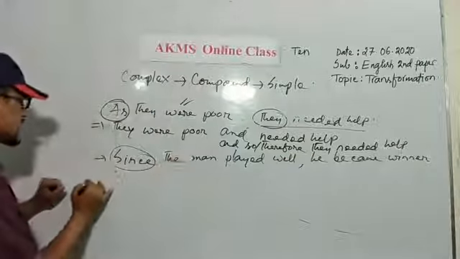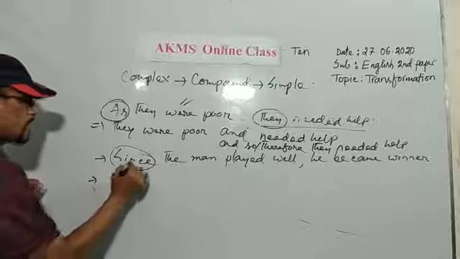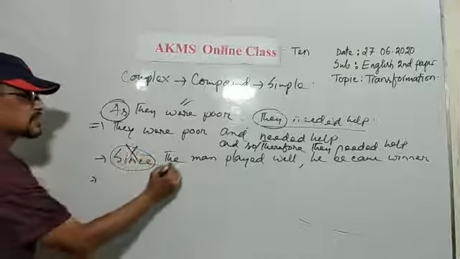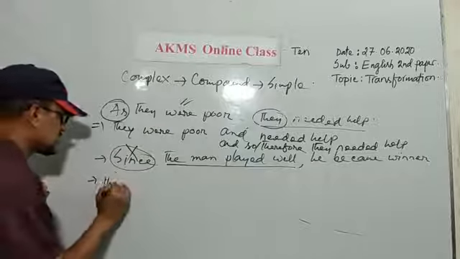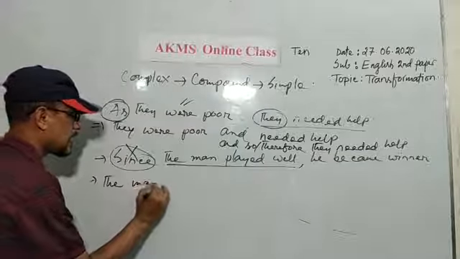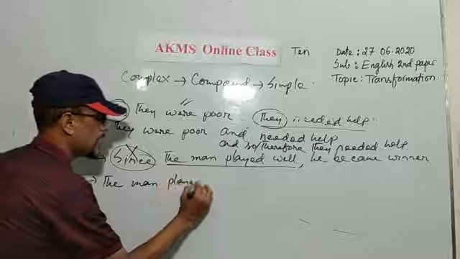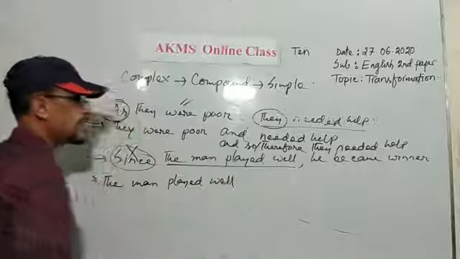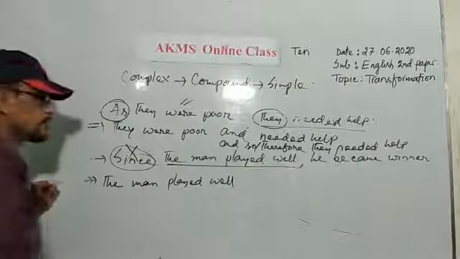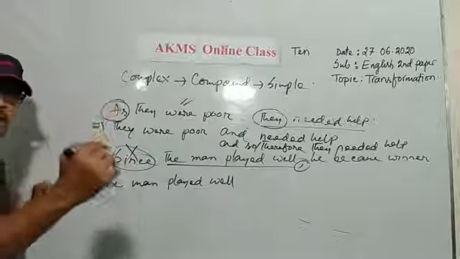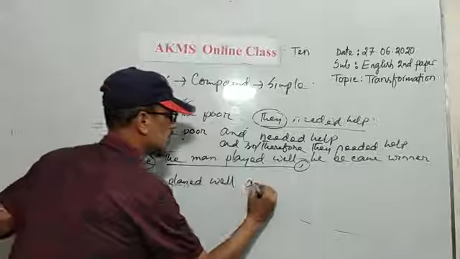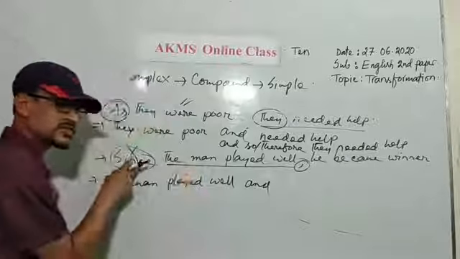Look at the second sentence. I have erased since. The cause is it. I will write it first. The man played well. Erase the punctuation mark and use and in lieu of since.